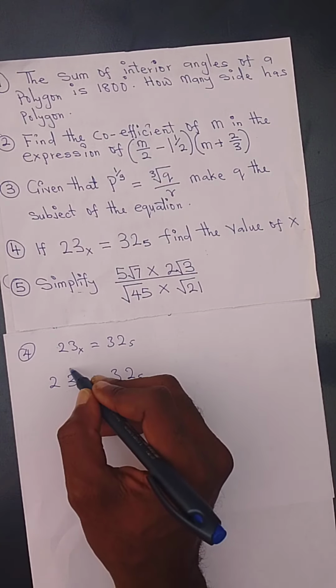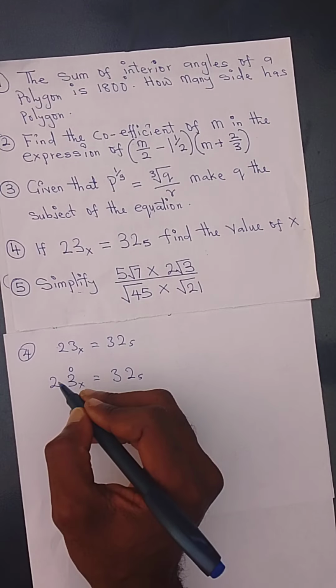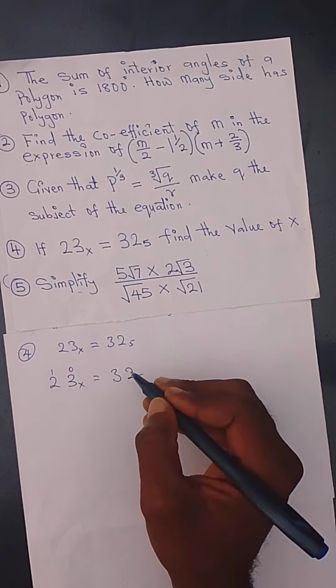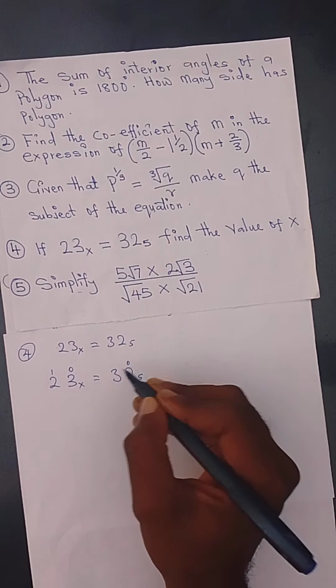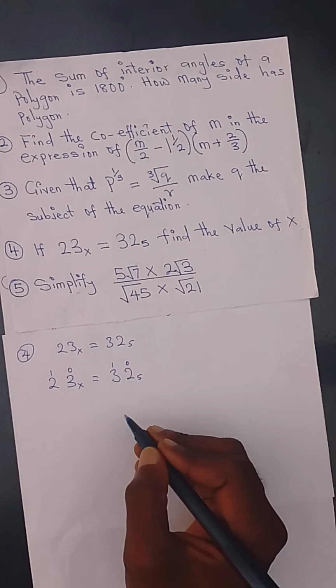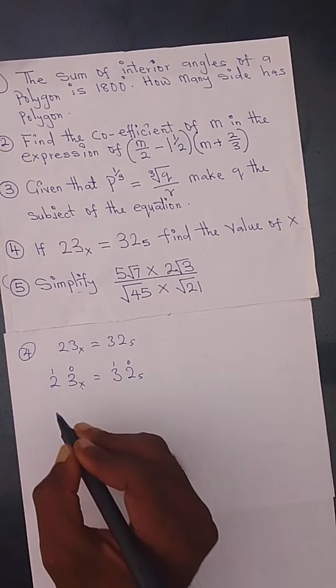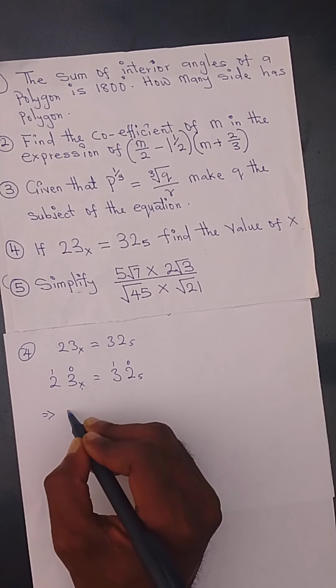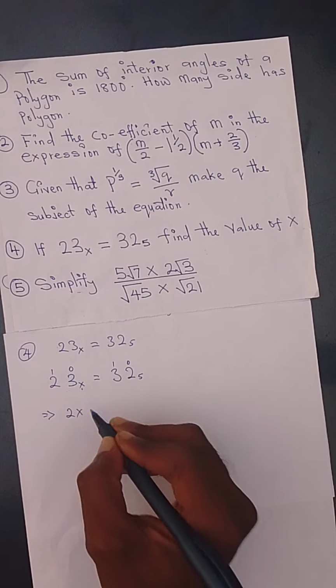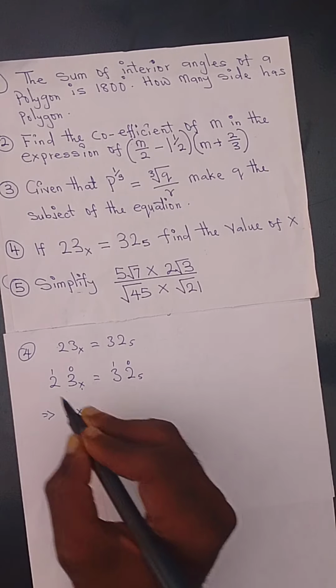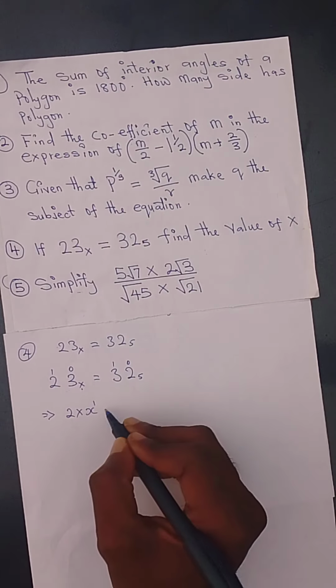So this 3 now, we can label it 0 and label this 2 as 1. Also, we label this 2 as 0 and this 3 as 1. Now this 23 is expressed in base x. So I'm going to say 2 times the base, which is x, 2 times x raised to power 1 here.